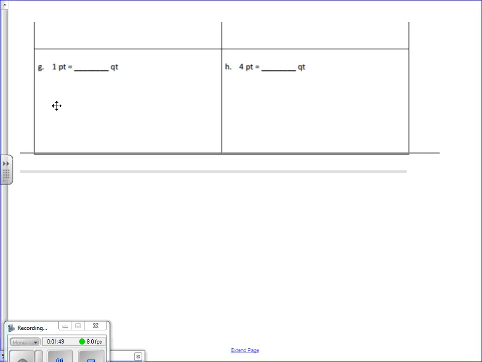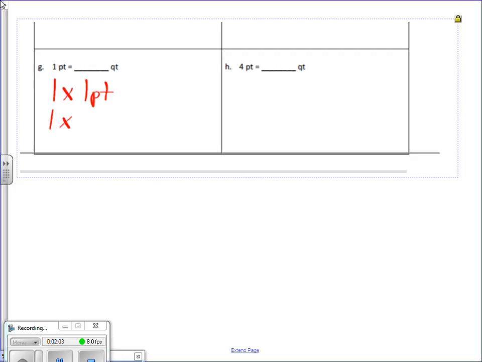So I have 1 pint, one times 1 pint. So how many pints, if I have a quart, how many quarts make up 1 pint? 2 pints make up 1 quart.